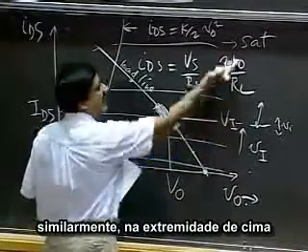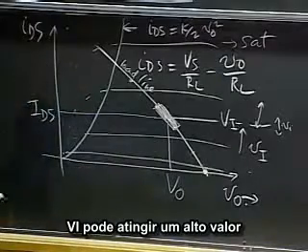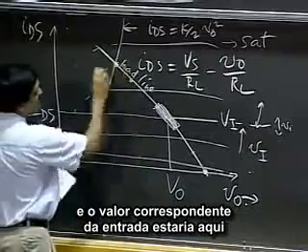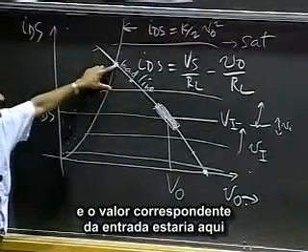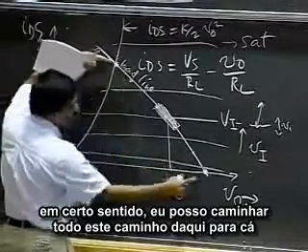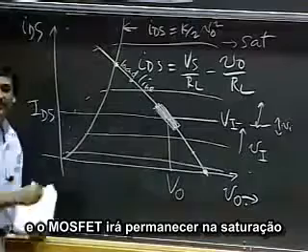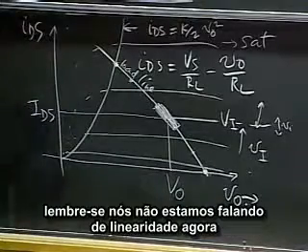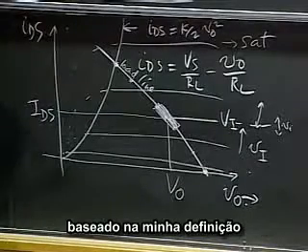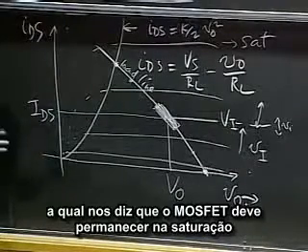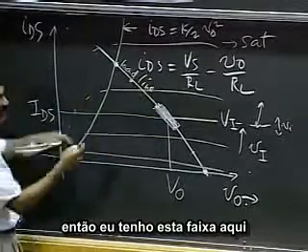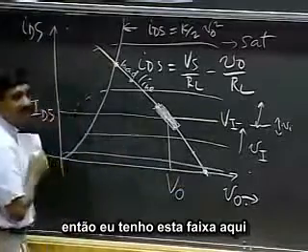Similarly, at the high end, VI could get up to a high value, and we computed that value in the last lecture, and the corresponding value at the input would be here. So I can traverse all the way from here to here and have my MOSFET remain in saturation. Remember, we're not talking about linearity right now, just about the valid operating range based on my definition, which is that the MOSFET should stay in saturation. If I choose my operating point here, then I get this range here.